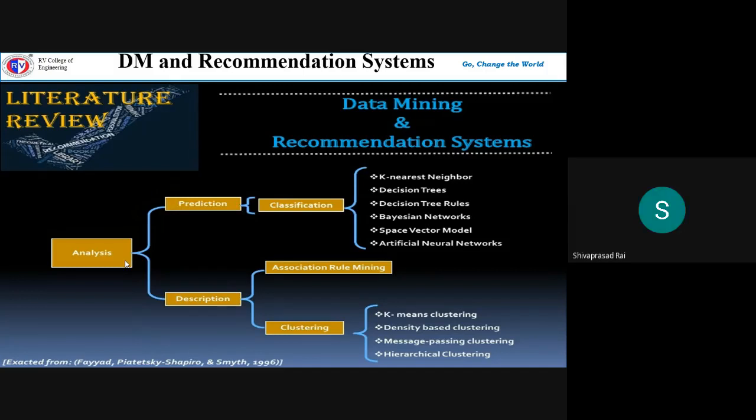Let us understand. These are some of the things, the literature review. When we want to recommend something for any given functionality, we need to analyze initially with respect to certain metrics. After the analysis, there will be the prediction, and you can also give the description about that analysis.